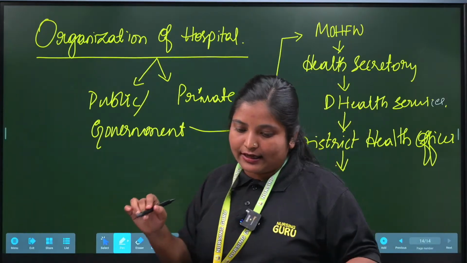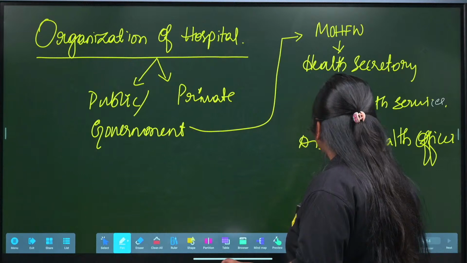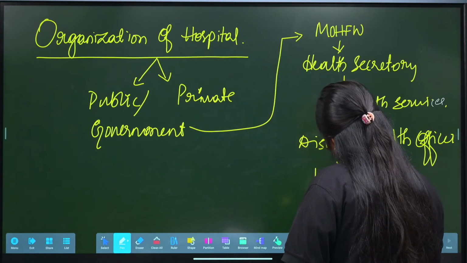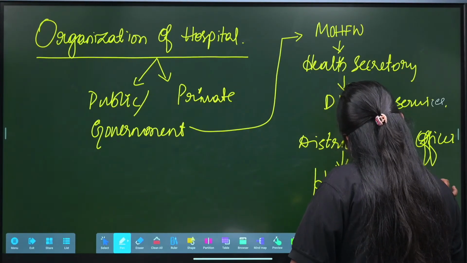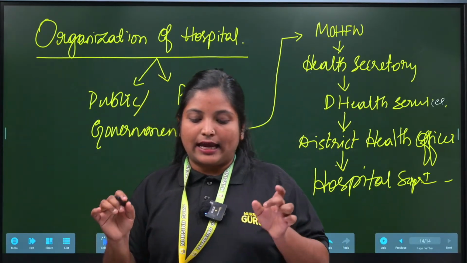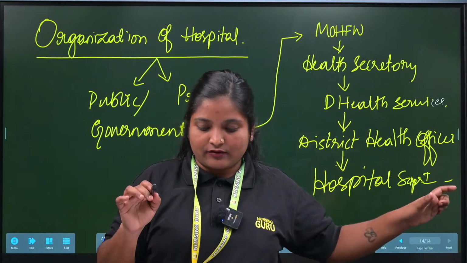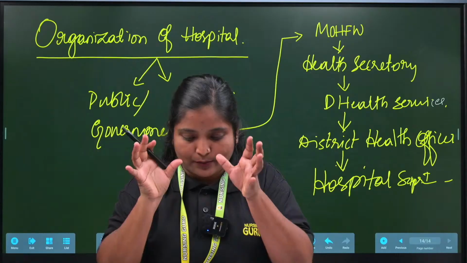After the District Health Officer comes the Hospital Superintendent. Under the Hospital Superintendent, one Medical Superintendent will come, one Paramedical in charge will come, and one Nursing Superintendent will come.